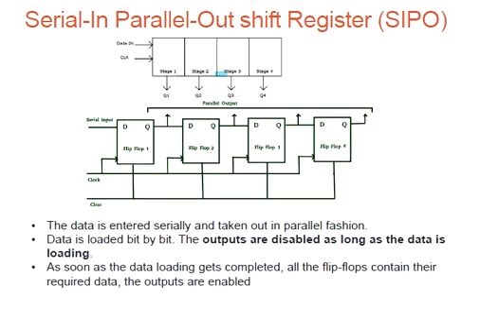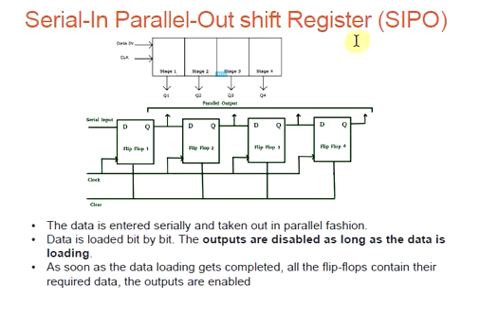In a serial in, parallel out shift register, the data is entered serially and taken out in parallel fashion. The data is loaded bit by bit. The outputs are disabled as long as the data is loading.